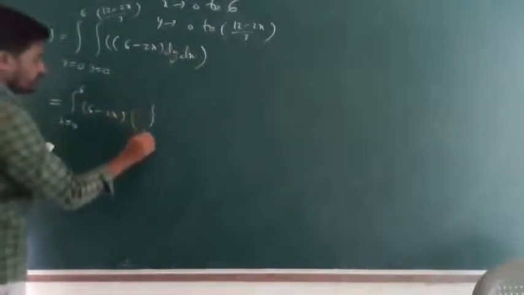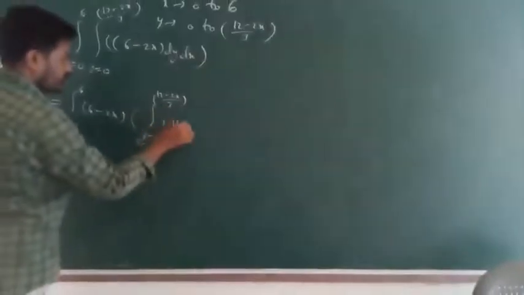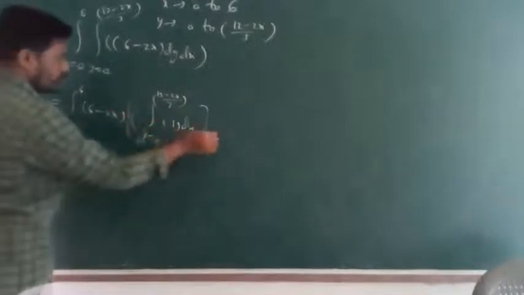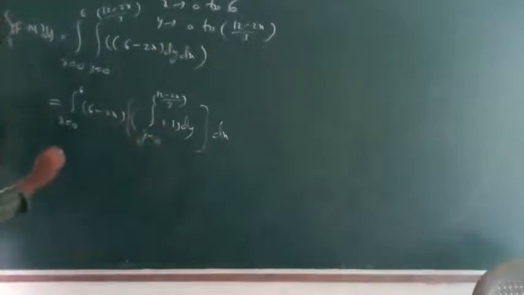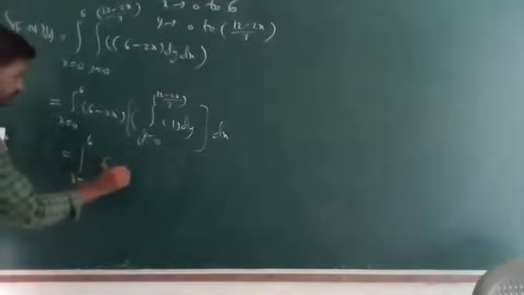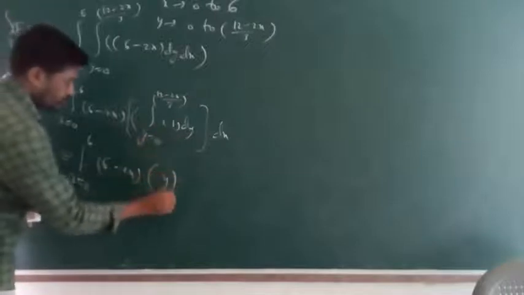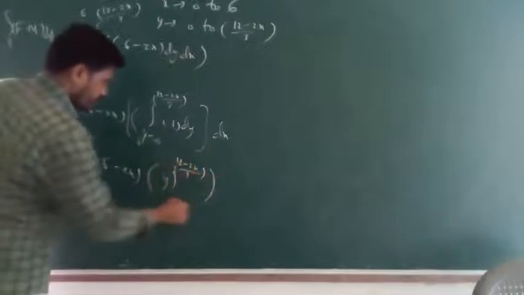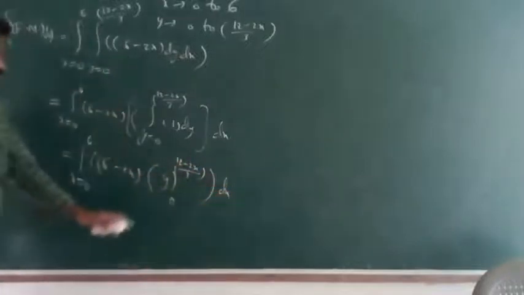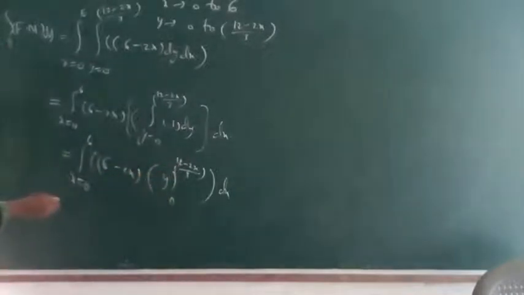Only the integration term remains, y from 0 to (12 minus 2x) by 3, of 1 dy dx. Integration of 1 dy is y. Substitute the limits: upper limit (12 minus 2x) by 3 minus lower limit 0, which is 0.